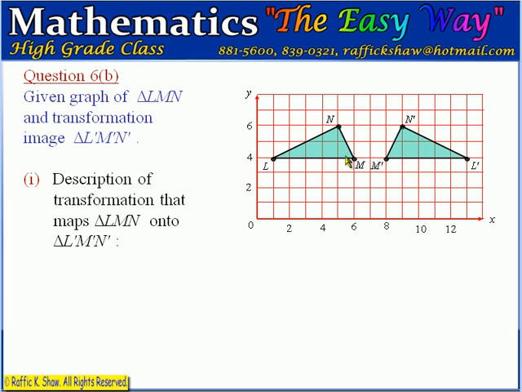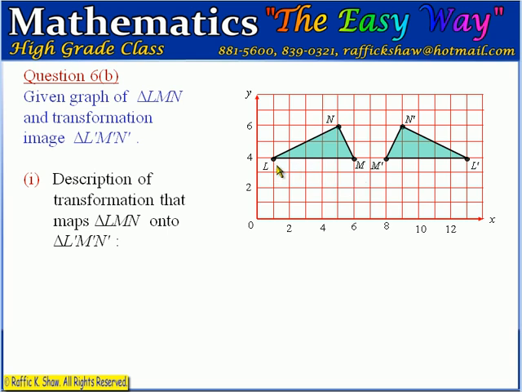Now, at first sight, this looks like a reflection. But to confirm that it is a reflection, we have to check that the properties of a reflection in a mirror line are satisfied. The first property of a reflection in a line is that the orientation of the object is reversed.